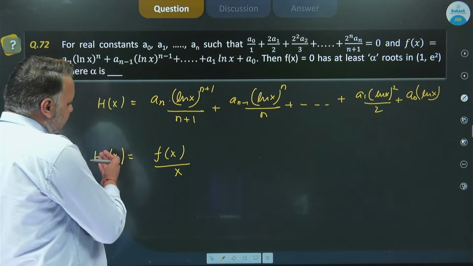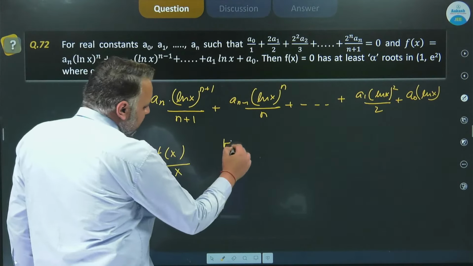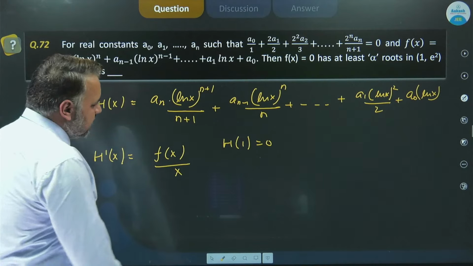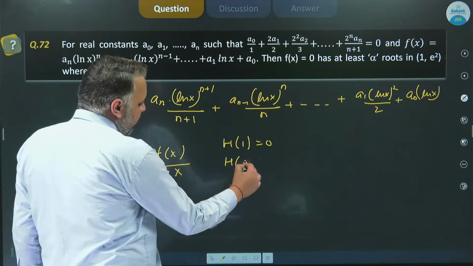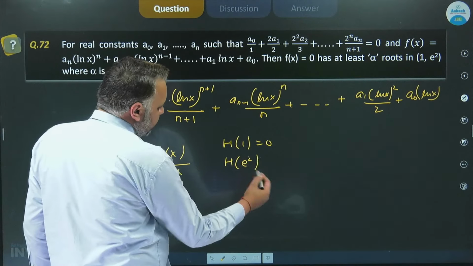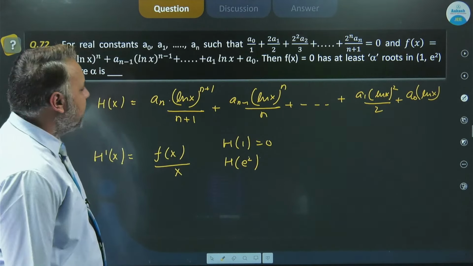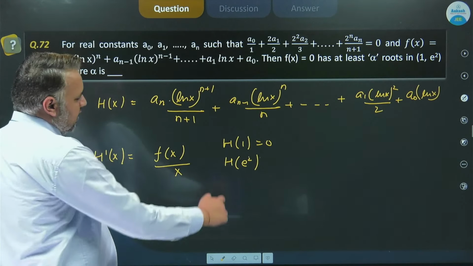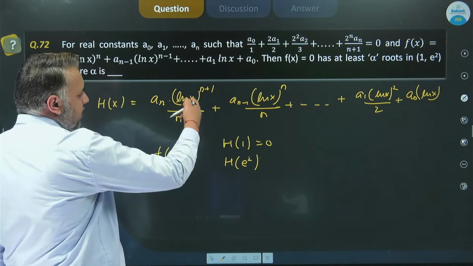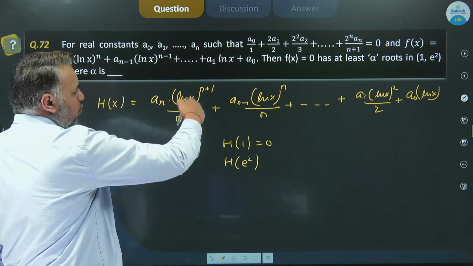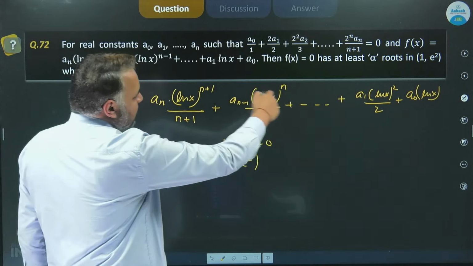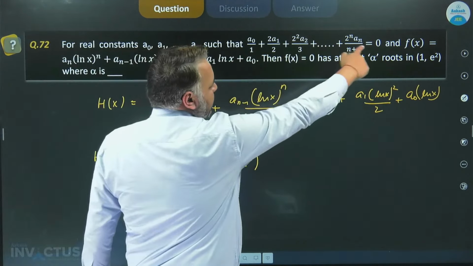Now h of 1 is 0, because every term will be 0, and if you comment on h of e square, because we have to comment on the interval 1 and e square, what will be the value of h of e square? If you put x is equal to e square, ln x will be 2. So using the given relation, h of e square is also 0.